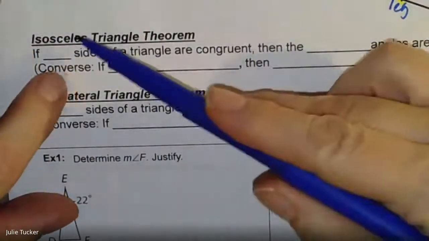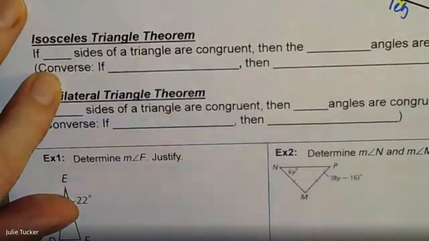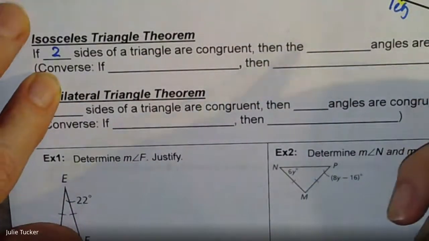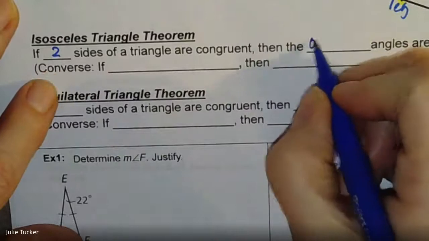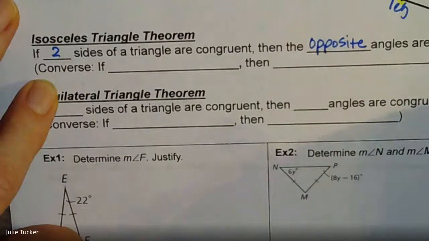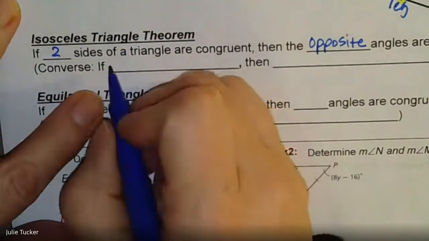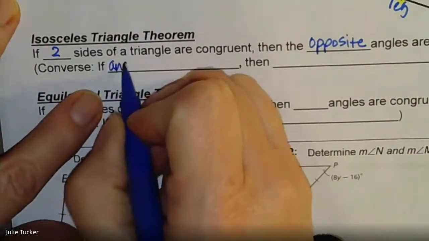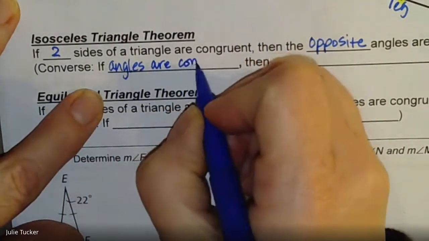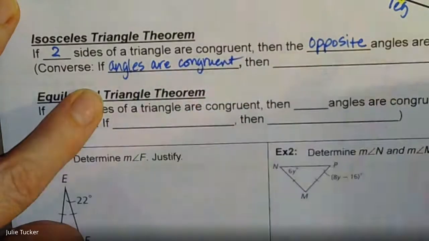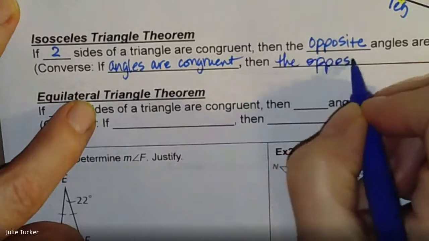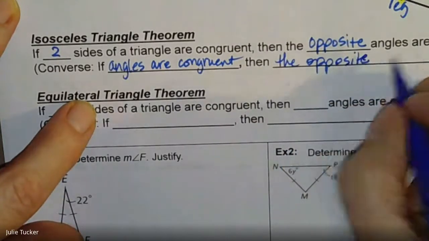Now, the isosceles triangle theorem says if two sides of a triangle are congruent, then the opposite angles are congruent. And the converse of that says that if two angles in a triangle are congruent, then the opposite sides are congruent. So basically saying it backwards, it's also true.